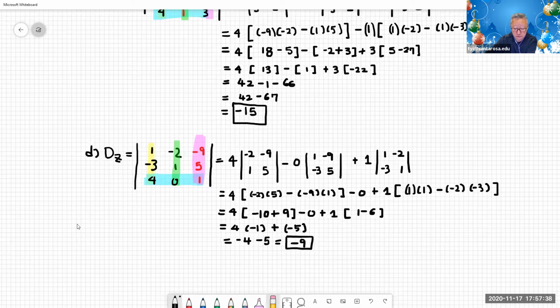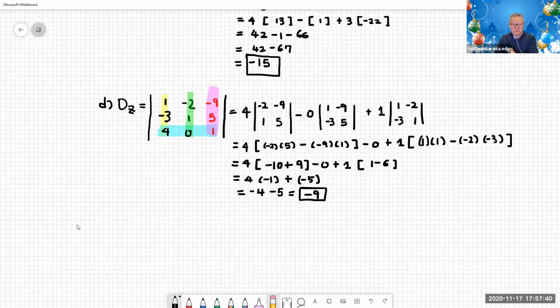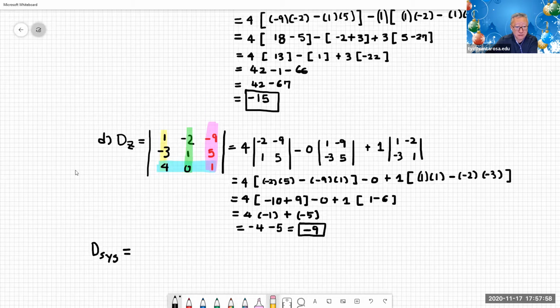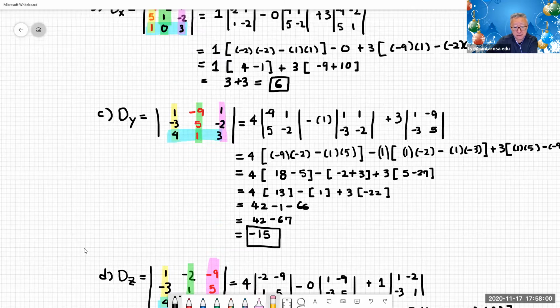So we have finished, right? Finding determinant for x, y, z, and the system. So let me just rewrite what we found here. So I have a determinant for the system, and we found that to be -3.